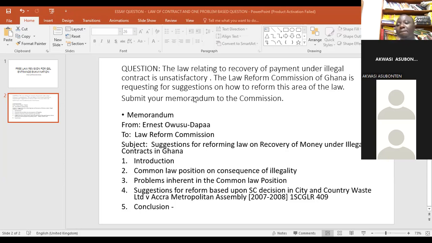But at common law, where you are bringing restitutionary claim under a situation where the unjust enrichment you are trying to correct came about because the contract had been declared illegal, you will still run into difficulties, because the person against whom you are bringing the case will say that, well, there was an underlying illegality, and for that matter, the court should not entertain your claim.